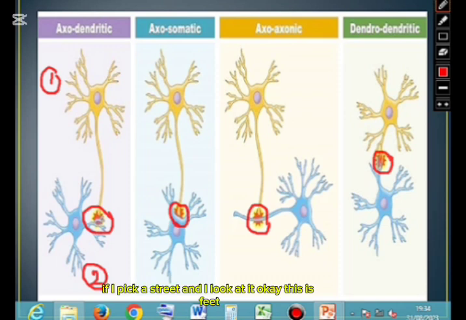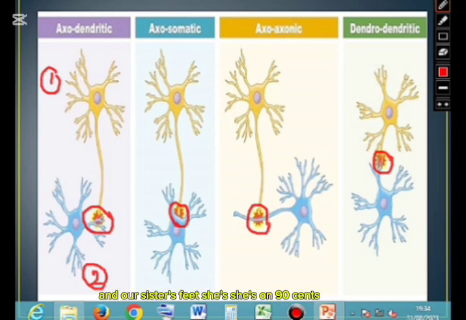If I pick her scripts and I look at it, okay, this is Faith. What has she written? I look at it. Maybe she's writing well. Okay. And I've assessed her script. She's on 90%. And then this script, how is her character?